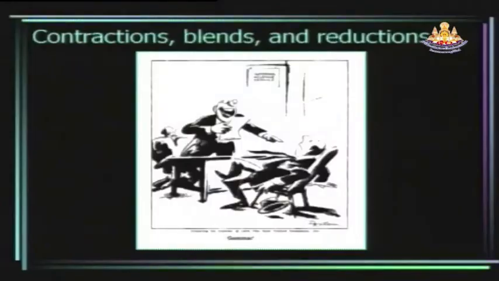And here we see the tax official, the government official, pointing to some poor man who has not paid his taxes correctly, and he is saying, "Gotcha." It means, I got you, right? So you're in trouble because you didn't pay your taxes. Gotcha. That's an example of blending.